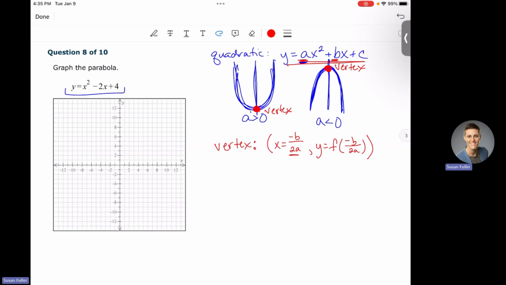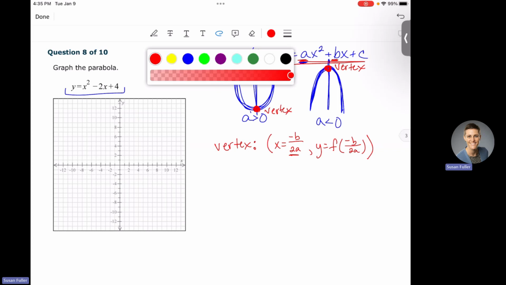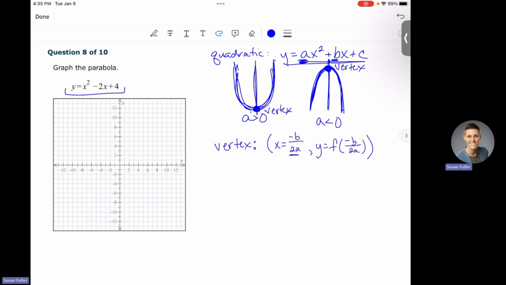So basically what we're going to do here is first find our vertex, and then we'll find a couple more points on our parabola and use our axis of symmetry to get a couple of extras. That way we have enough points to see our U shape and connect them. This is the process that you'll want to do in ALEX, because I think it's going to need 5 points from you.